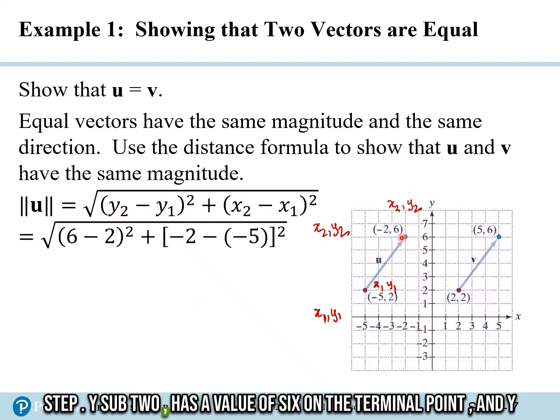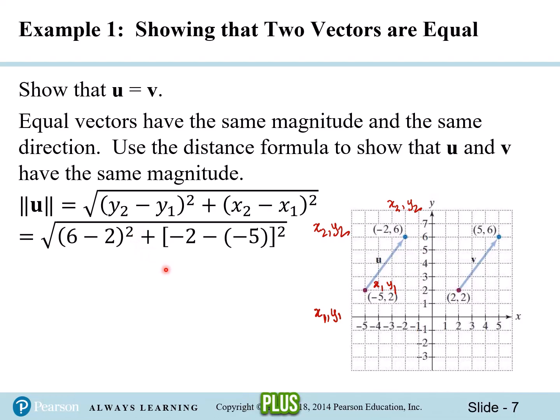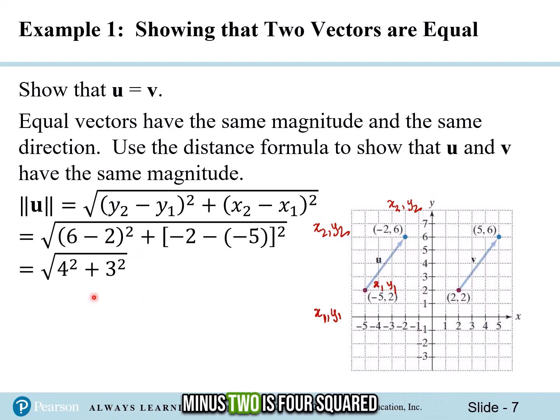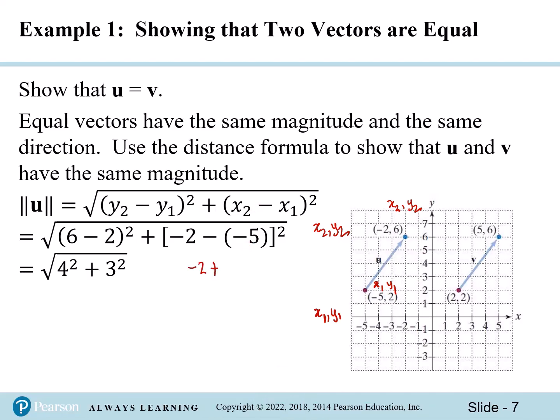Y sub 2 has a value of 6 on the terminal point, and y sub 1 has a value of 2. So 6 minus 2 whole squared plus minus 2 minus minus 5 whole squared. All right, so 6 minus 2 is 4 squared, minus 2 minus minus 5. That's as good as saying minus 2 plus 5.